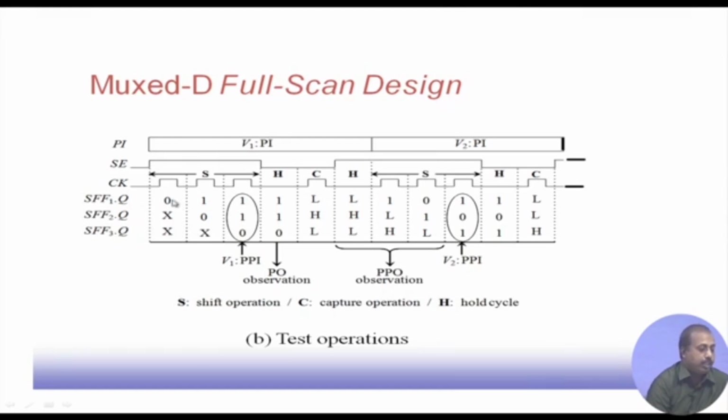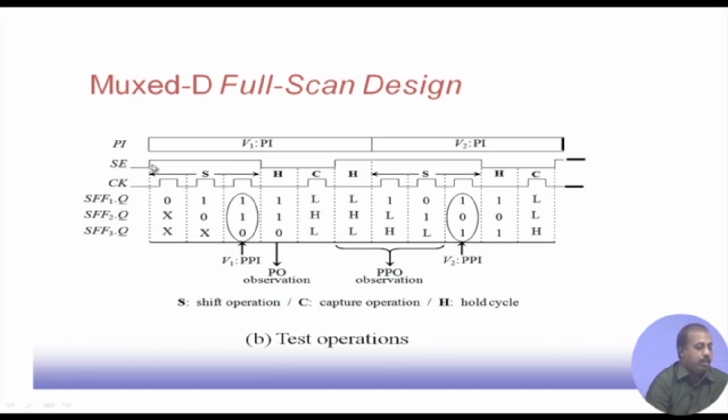Then at the next cycle at the serial input we put 1, and this 0 of the first flip flop shifts to the second flip flop, and in the third cycle this 0 comes to flip flop 3, the 1 that we had introduced comes to flip flop 2, and in flip flop 1 this 1 is introduced. So now the pseudo primary input bits have the proper values.